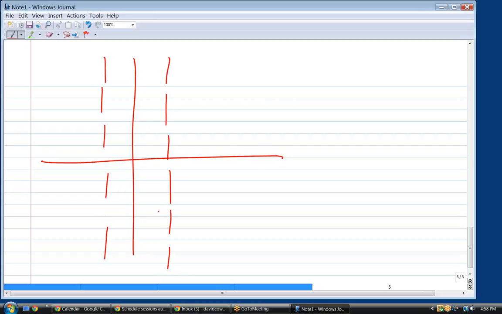Tangent. And what I'm drawing here are vertical asymptotes. Tangent is always increasing and goes from negative infinity to positive infinity.